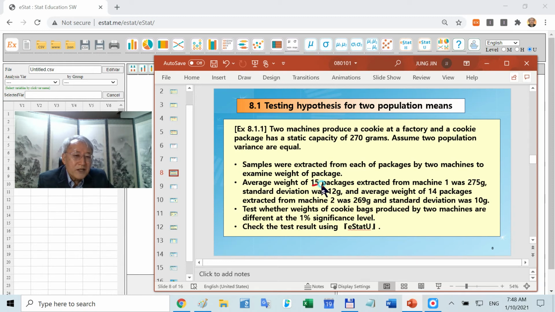There are 15, and the sample mean is 275, but the sample standard deviation is 12 grams, and the average weight of 14 packages extracted from machine 2 was 269, and the standard deviation was 10 grams. We want to test the hypothesis. How can you do that?